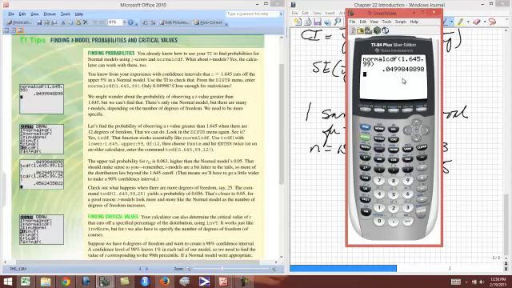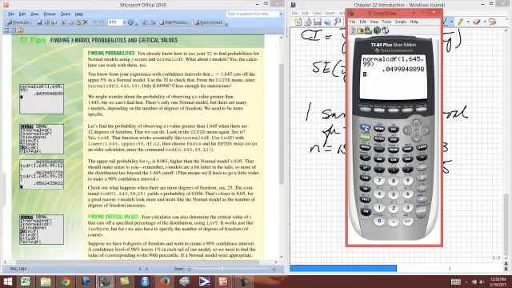Now, I've just told you that there's going to be a different distribution for each sample size. Let's say I want to get to 5% significance. So I'm going to use tcdf, the t-distribution.